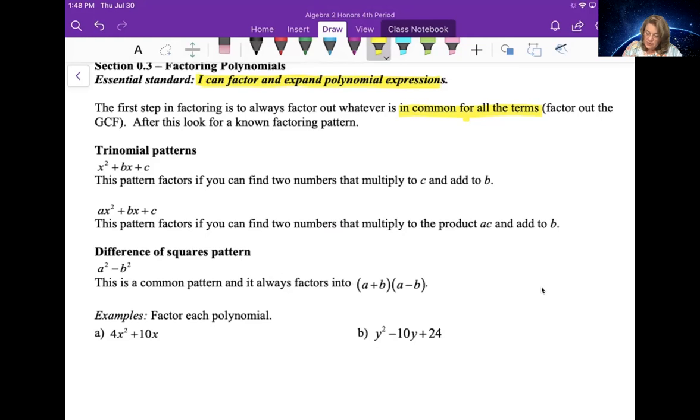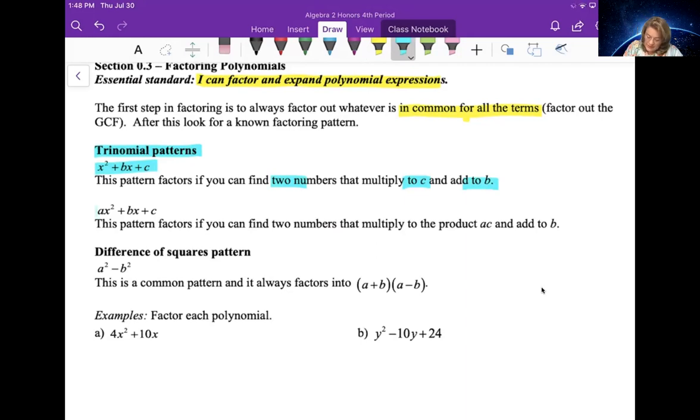After you do that, you should look for some patterns. The first pattern you're going to see is potentially a trinomial pattern, x squared plus bx plus c. In that situation, if you can find two numbers that multiply to c, they're a factor of c, and add to b, then this trinomial can be factored, okay?